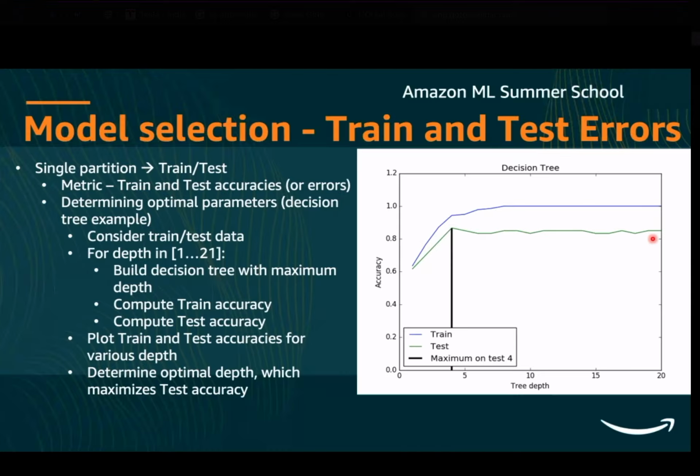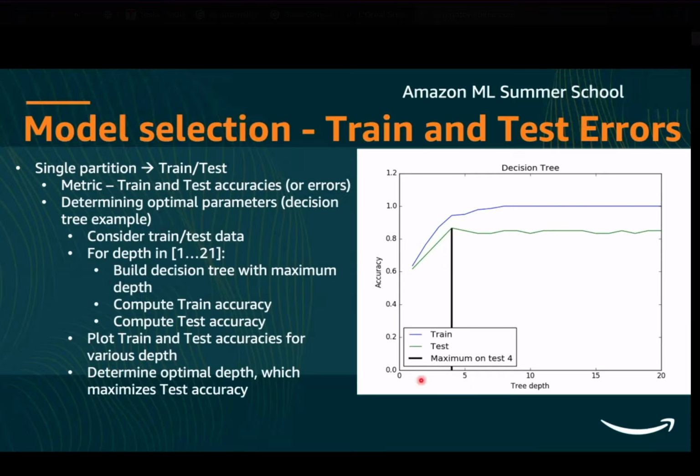So what you do is you consider the train and test set of the data. Let's say, for example, you consider only the depth of the tree. You build a decision tree with the maximum depth, compute the train and test accuracy, then you choose depth 1, depth 2, depth 3, depth 4, so on and so forth. You compute the train and test accuracy, so you'll get a plot something like this, for a single test train partition.